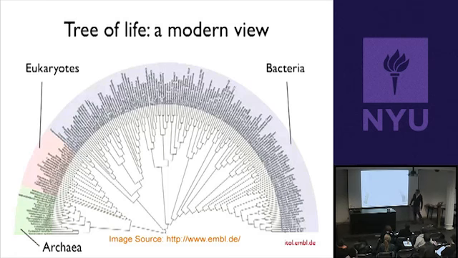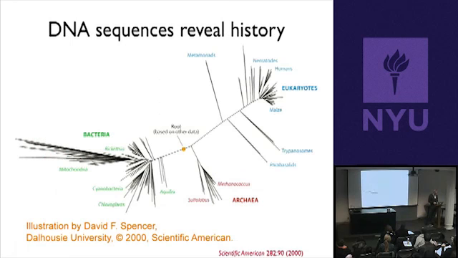On this diagram, you can see that the archaea form a tight group, and the eukaryotes form a tight group, and those two branched closer to each other than either one does to this other big branch, which is the bacteria. Okay?